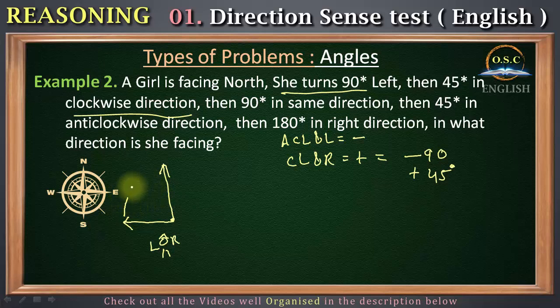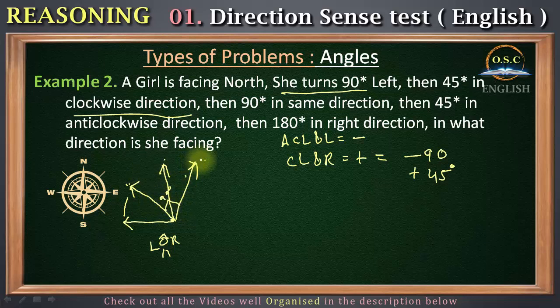So now she is looking at this direction. What she does next is then 90 degrees in same direction. So another time again 90 degrees she is going to look. So when she is going to look here, it is going to be 45 degrees. When she will be looking here, that is going to be a 90 degree between these two.